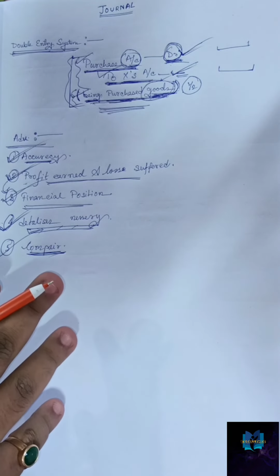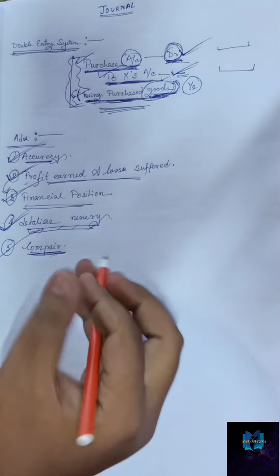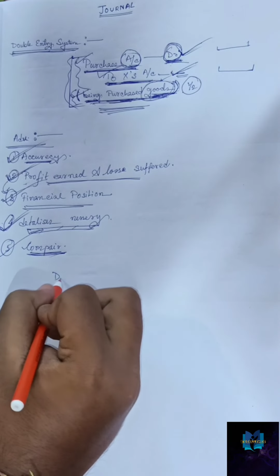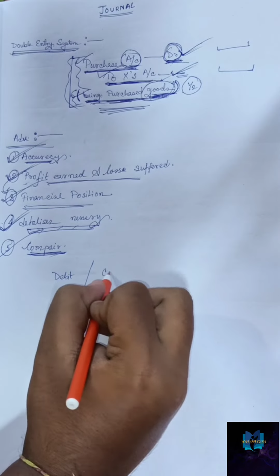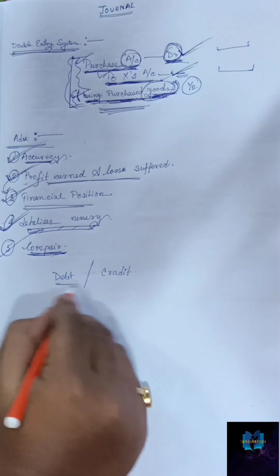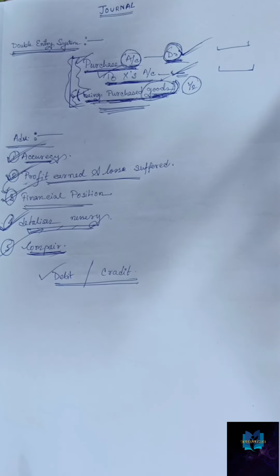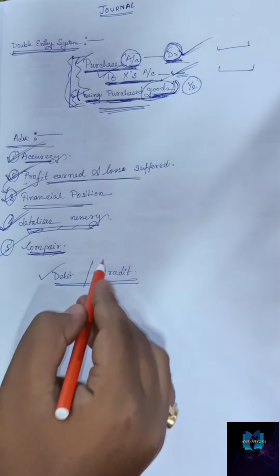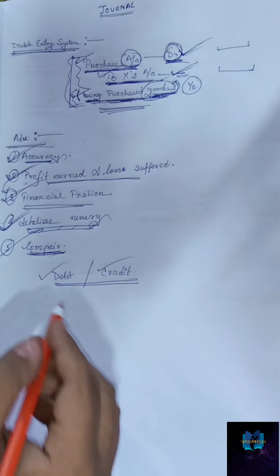Then we are going to learn what is debit and credit. I have already told that debit means the profit earned by the company, and credit is the loss suffered by the company.